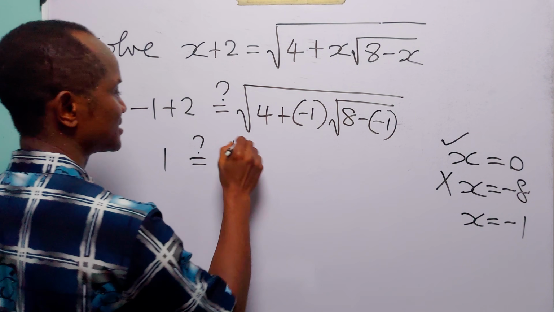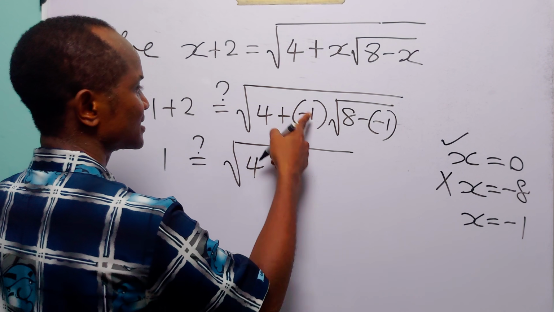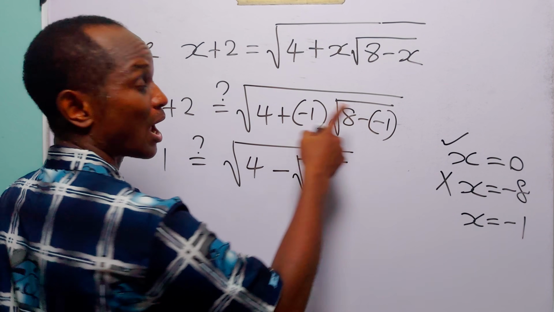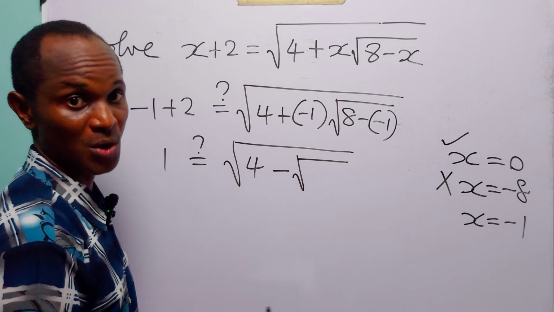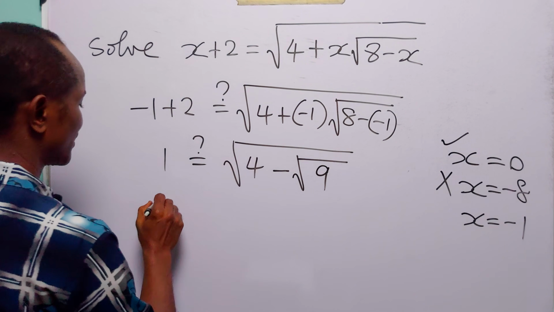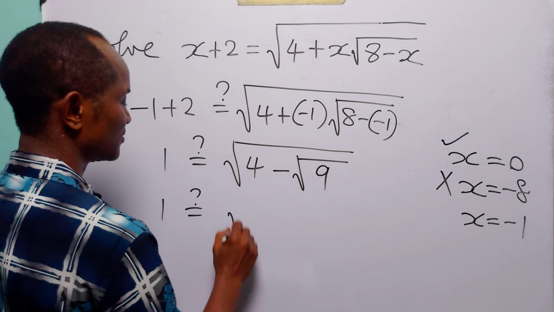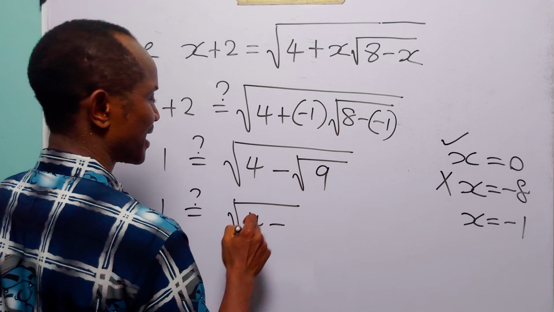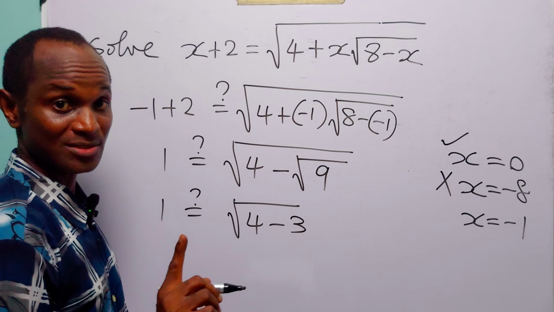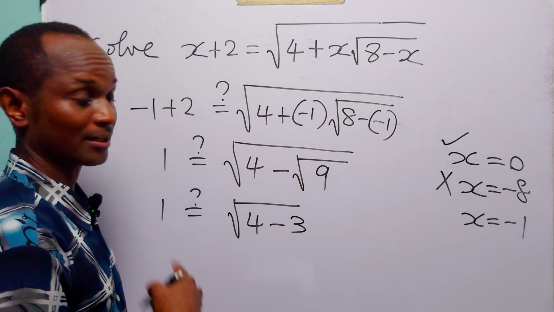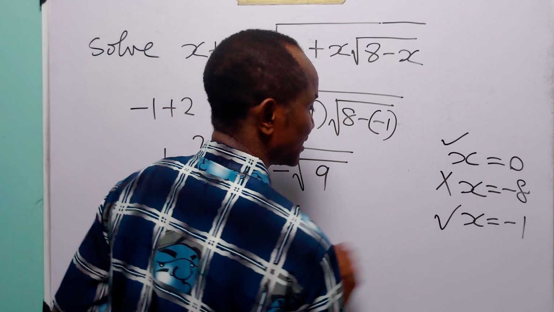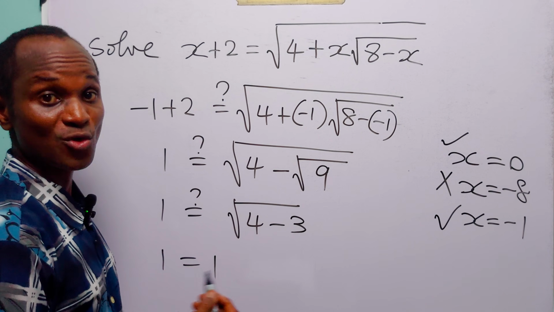Is this equal to the square root of 4 plus minus, is minus, so this is minus the square root of 8 plus 1. 8 plus 1 is 9, so this is the square root of 9. Is 1 equal to the square root of 4 minus the square root of 9, which is 3? 4 minus 3 is 1. The square root of 1 is 1. And of course, 1 is equal to 1. So the third value of x satisfies the original equation.